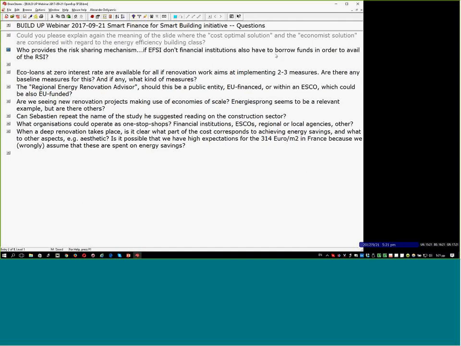I mean, SFSB, when we're speaking about the guarantee mechanism, is not about a zero interest rate loan. It's about taking over the credit risk, taking over the risk of the loan. So, for instance, if a bank in France is selling a zero interest rate, where the interest rate is subsidized by the government, they're still the one taking the risk.